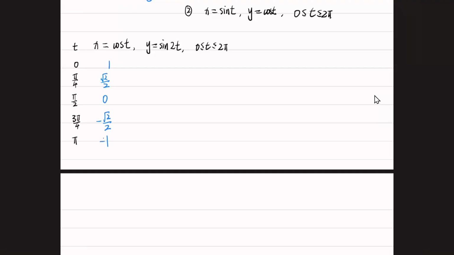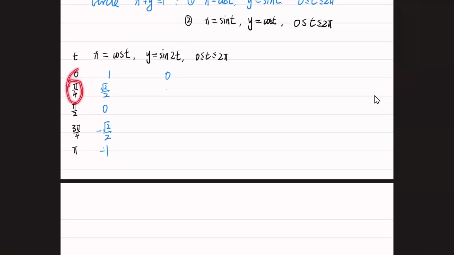Now sine 2t. 0. At pi over 4, so sine of pi over 2.